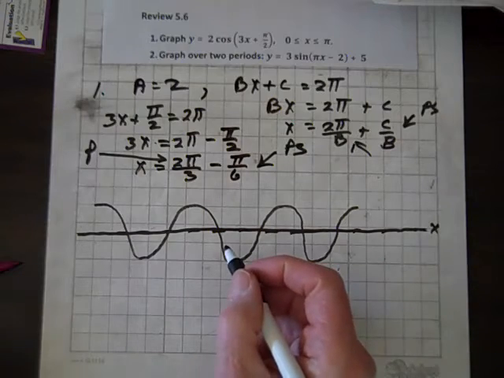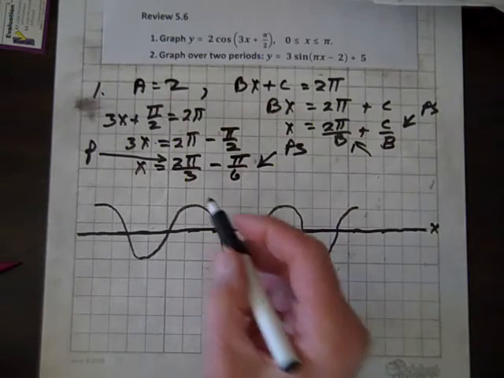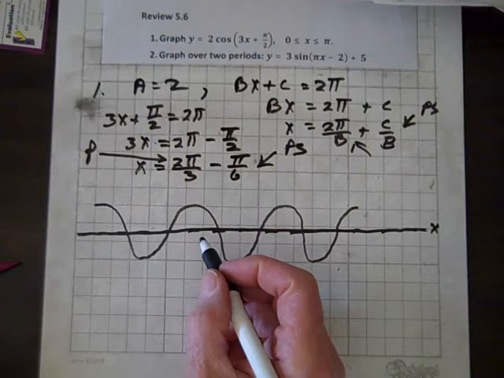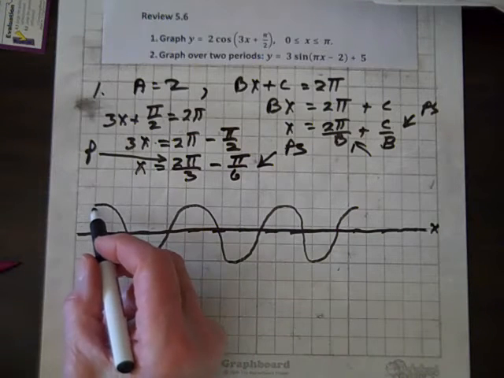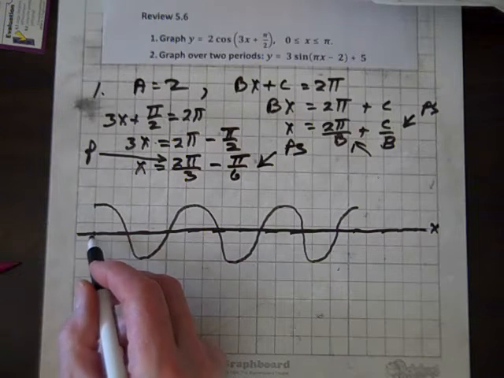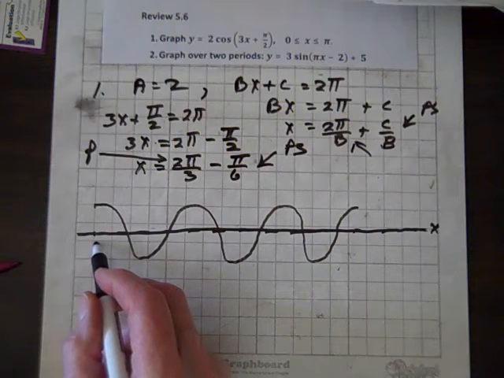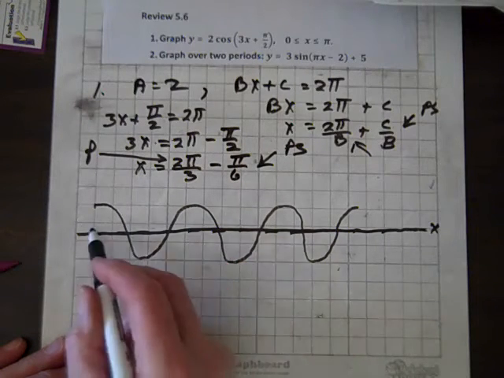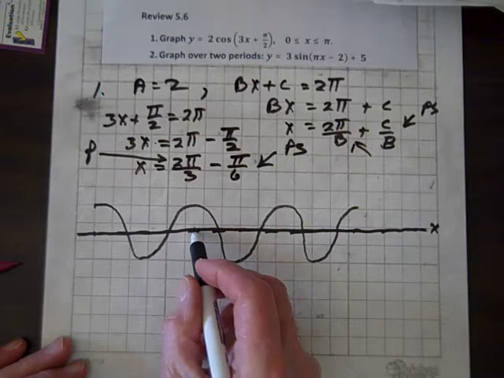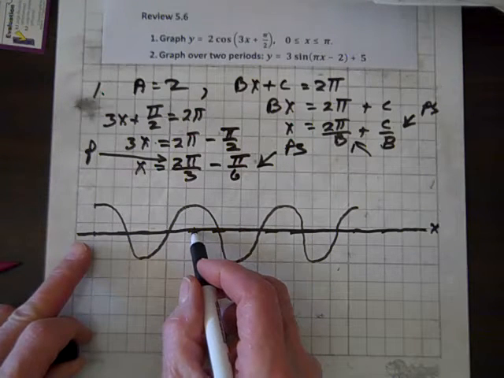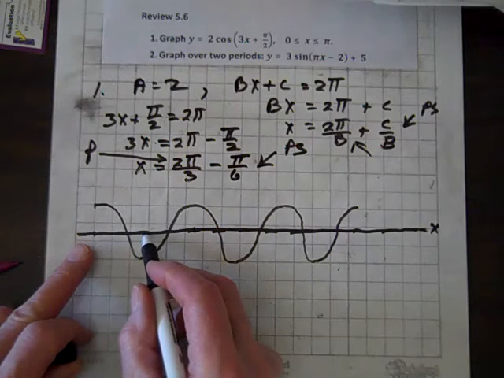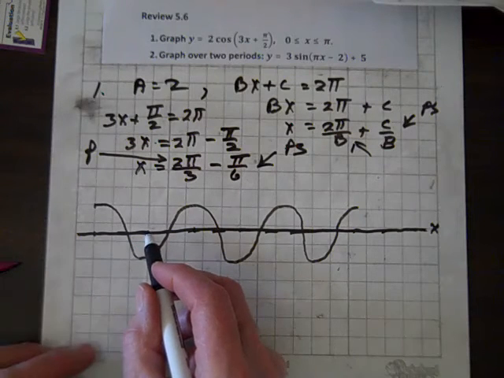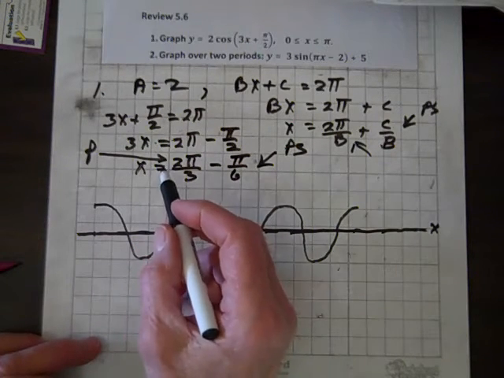Okay, now the period is 2 pi over 3. So if we were to start here, if our vertical line was here and there was no horizontal shift, then we'd get to here, and that's 1 period, 2 pi over 3, and this is half a period, which is pi over 3. But there's been a horizontal shift.